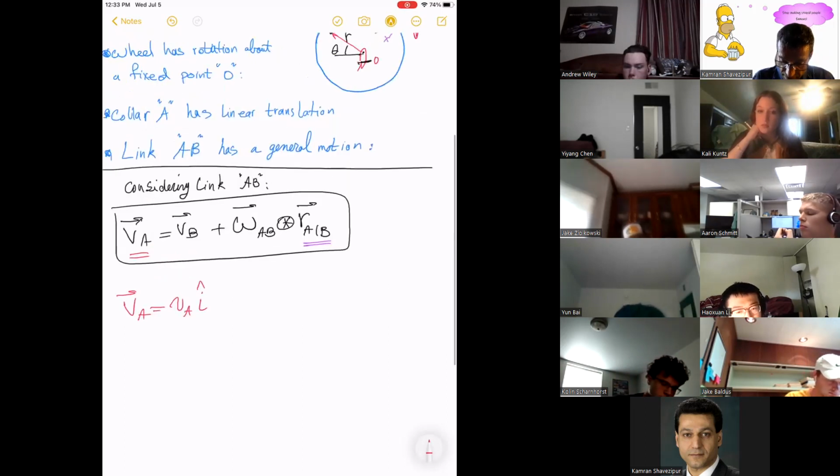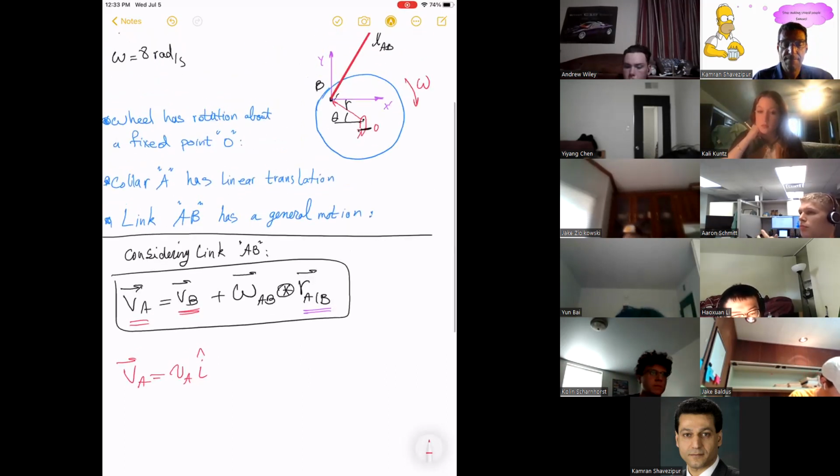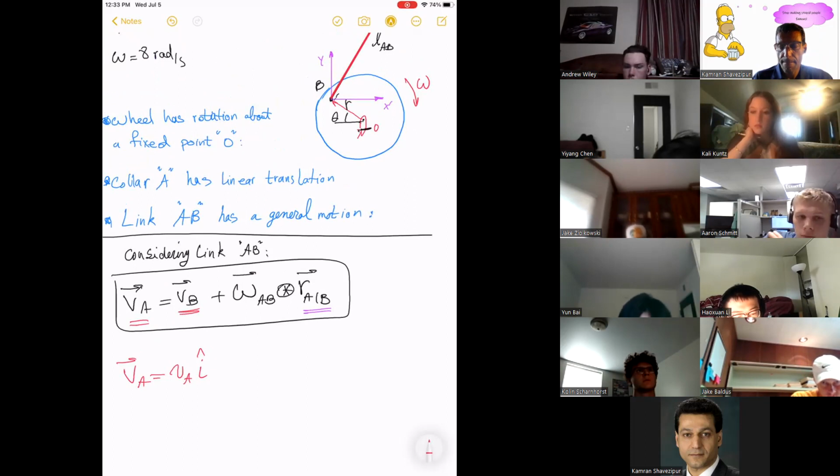Now, how about VB? What kind of motion B has? Aaron, what kind of motion B has? It has a bit vertical and a little bit horizontal. Yeah, but what kind of motion in terms of rotation, translation, general motion? Oh, rotation. Rotation about a fixed point, right? Yes. So B technically rotates about a fixed point.